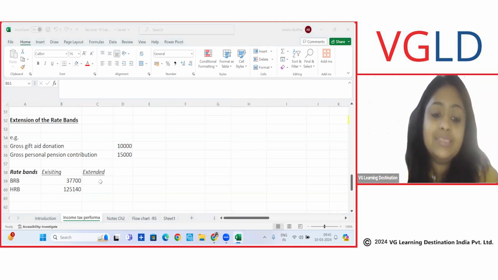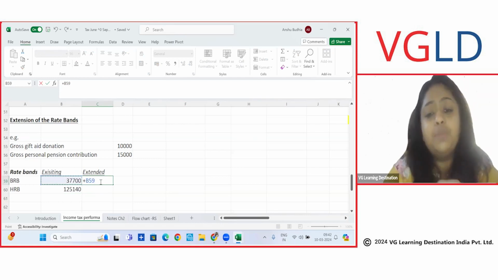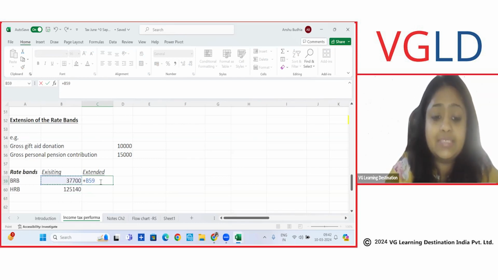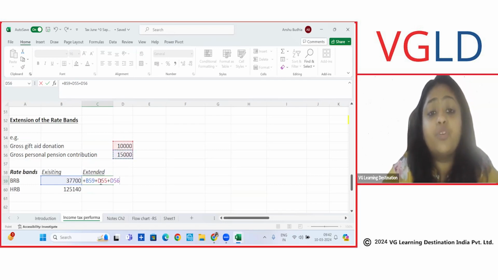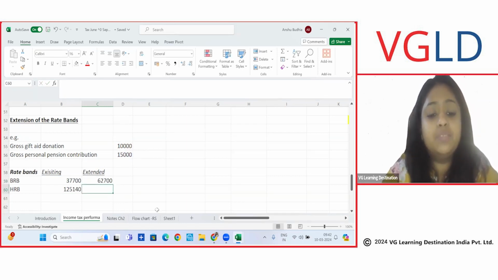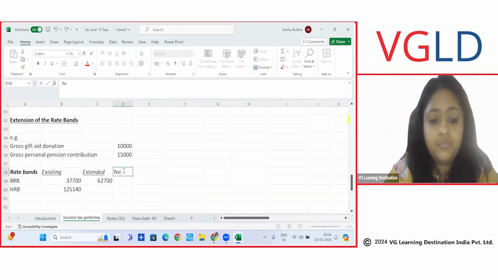Clear? When I say extended rate band, it means this rate band will get extended by the amount of gross gifted donation and gross personal pension contribution, gross amount. So now my extended rate band will become 62,700. What does this mean? This means that now the new rate band and the tax rate.